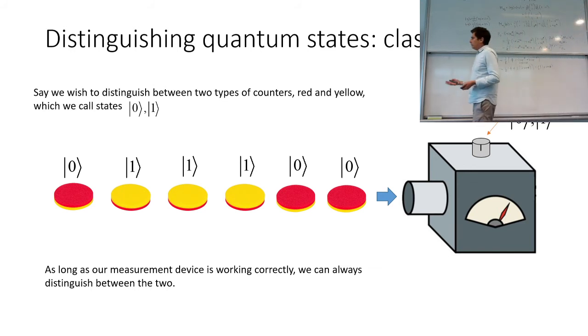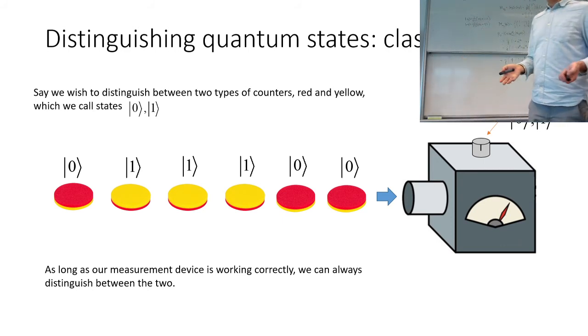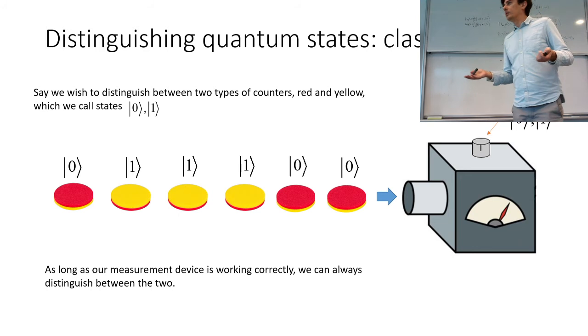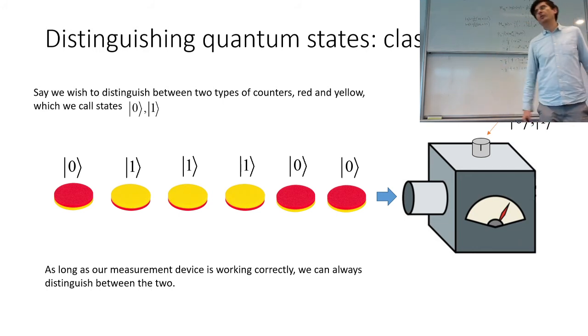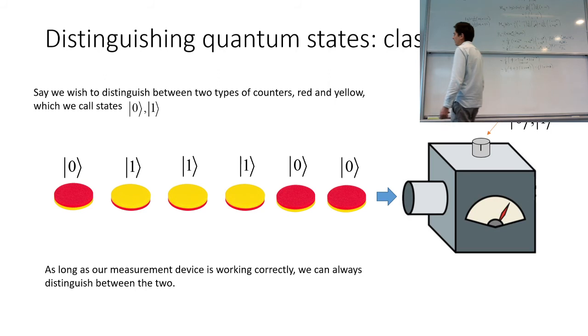The task is that I need to be able to tell the difference between them, which in classical physics is obvious, because you do that all the time on the internet. But in quantum mechanics, it's not necessarily that you can distinguish them. So in this case, we need to put our measurement device in the right setting in order to achieve this, right?